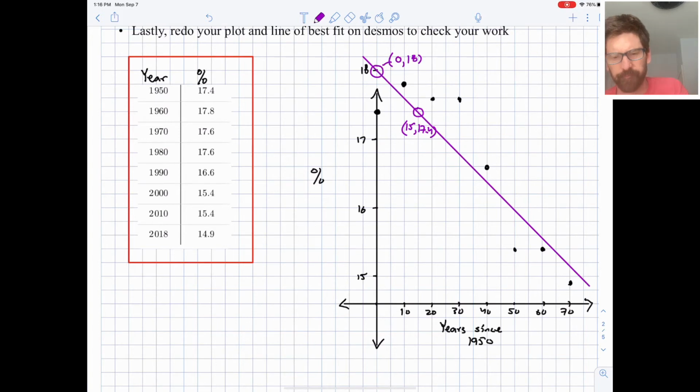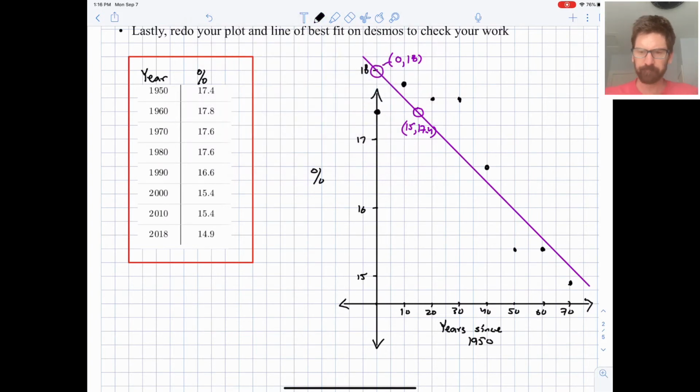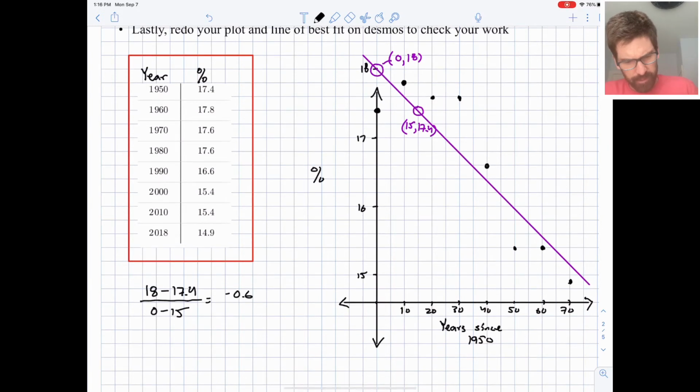Okay, so we can find a slope. We know the y-intercept is 18, but we can go do our math right now. So our slope is a difference in the y's, which is 18 minus 17.4, divided by the difference in the x's, which is 0 minus 15. So that's going to be a negative 0.6 divided by a negative 15.